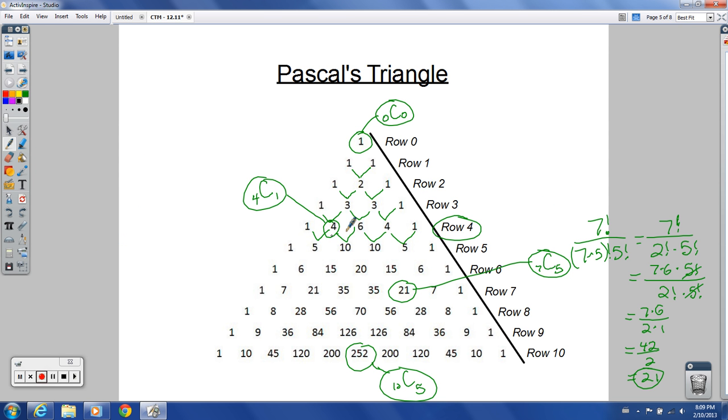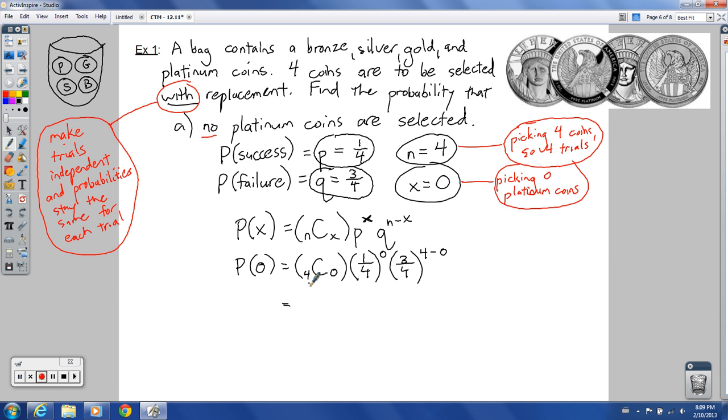So I could actually go back here too and figure it out from here. For choose 0, anything choose 0, there's only one way to choose 0 from a group of whatever number of things. So that's 1 times 1/4 to the 0 power. Let's leave that like that for a moment. And then we'll have 3/4 to the 4th power, 4 minus 0.